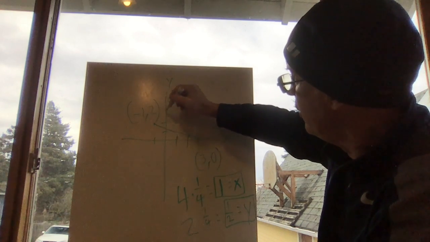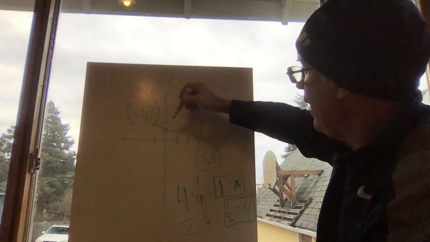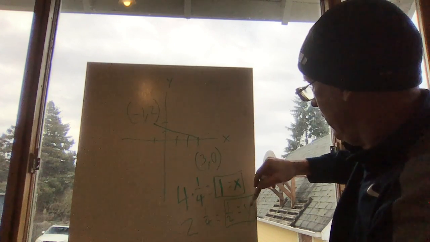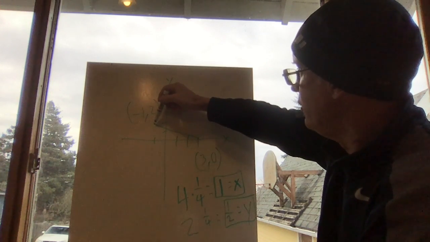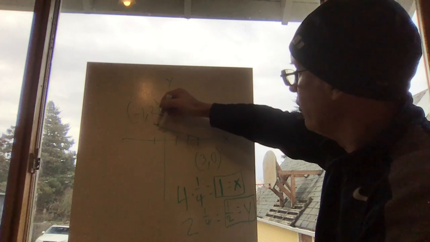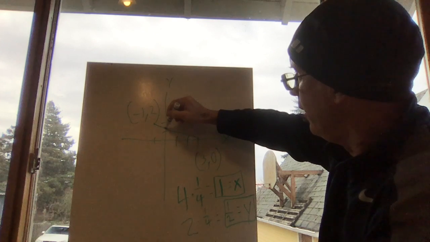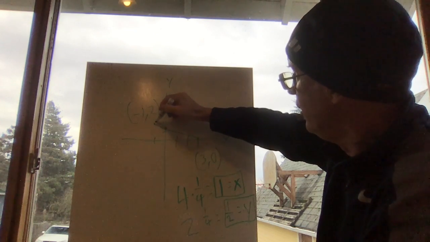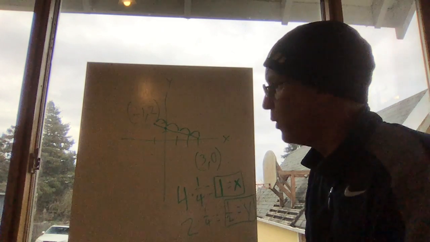That's going to get me to the y-axis. Do you see that? And as far as the y value, I'm going to start here and go down 1/2. So it looks like on my bad graph here that it's going to be about right in here. That distance is a quarter of the way between those two points.